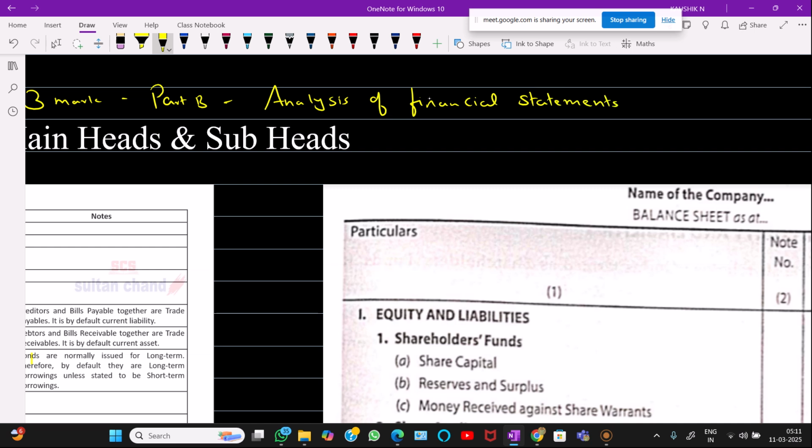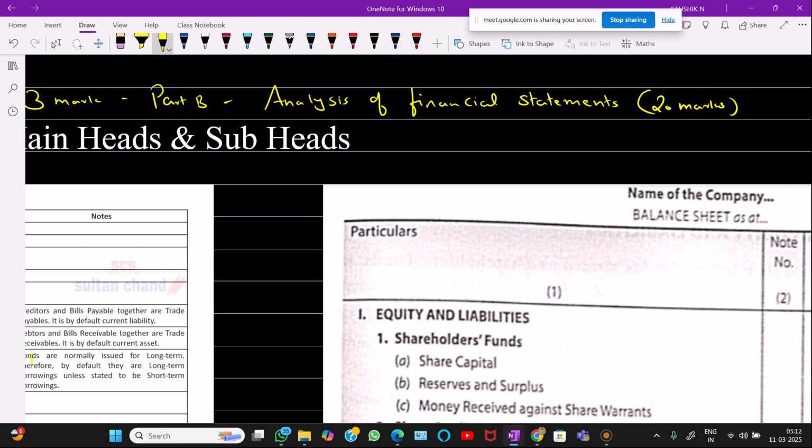Under the topic of analysis of financial statements, this Part B has a total weightage of 20 marks, as I already discussed in the first class. Under this 20 marks, 3 marks will be from the topic of major heads and subheads. Usually 6 items will be given to you, and each item will have a weightage of half a mark.